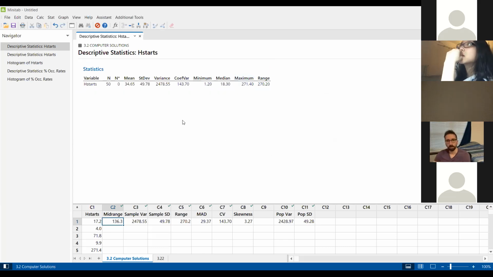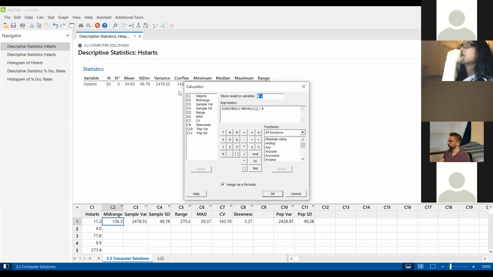All right. So the couple things that it does not calculate, it doesn't calculate the mid-range, and it doesn't calculate MAD. Now the mid-range is really easy, right? I'll go back to Calc. Again, use your Calc. And let's just do mid-range again. C2.